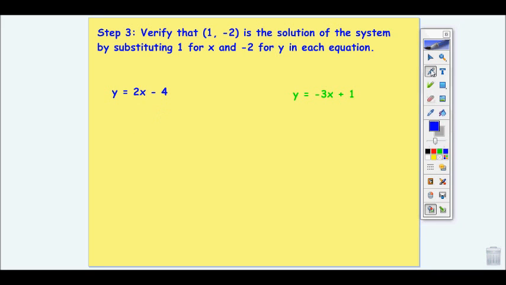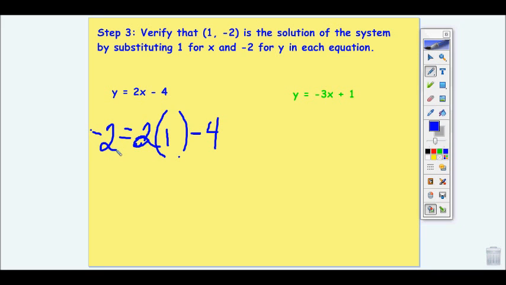So that would be 2 times, substituting in my x coordinate, which is 1, minus 4, and that is supposed to be equal to my y value, which is negative 2.